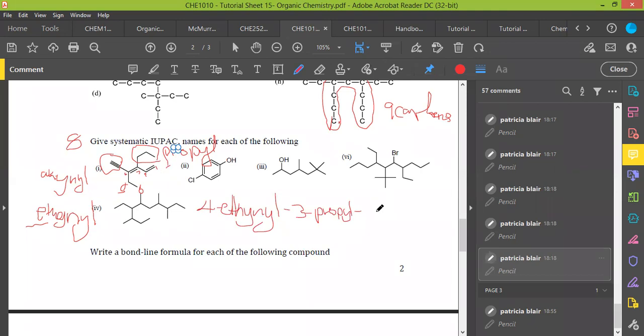So on position 1, position 2, you have 1, 2, comma, position 1, comma, position 3, 1, 3, and then the hexa here, diene, like that.